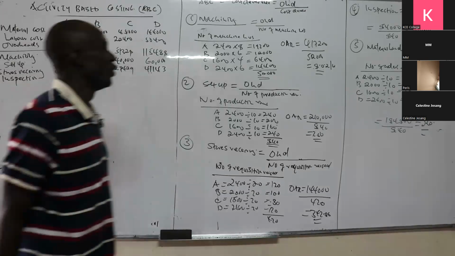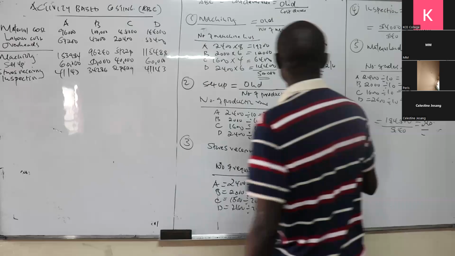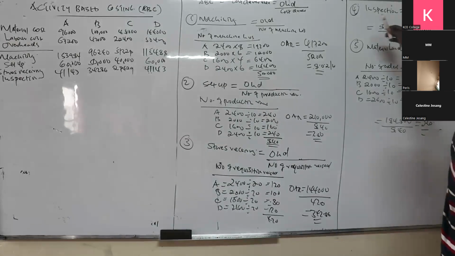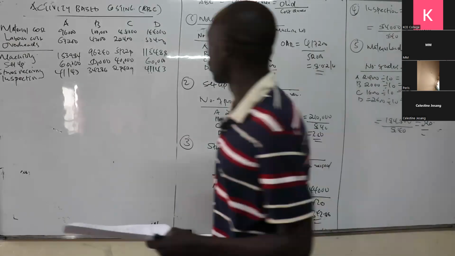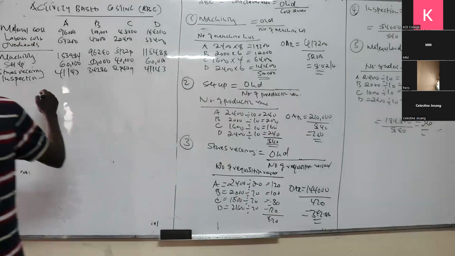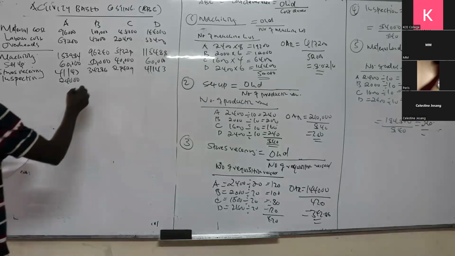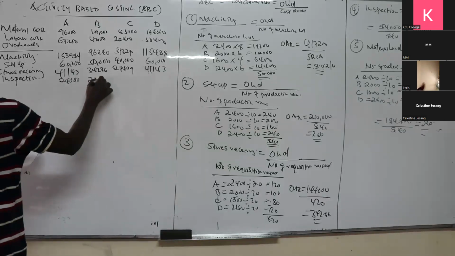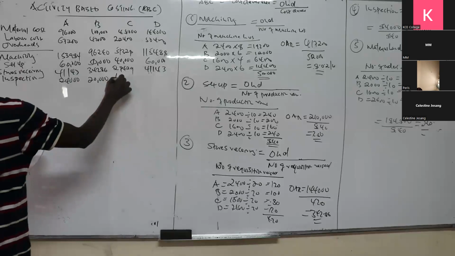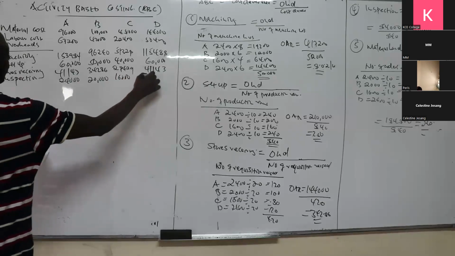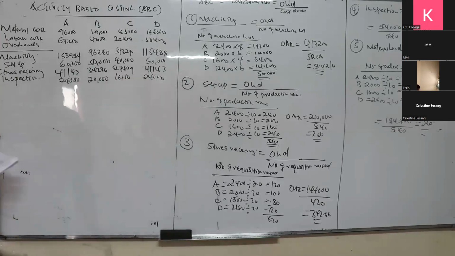For inspection, you multiply, it is 100 times 240, isn't it? It was according to the production run. So this is 24,000, isn't it? The next one is 20, the next one is 16,000, and then 24,000. And then we go to material handling. It's 240 times 220.